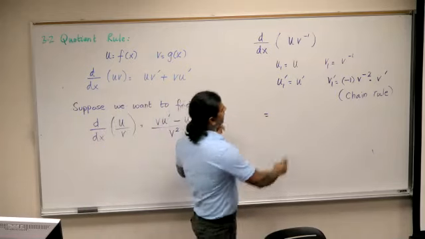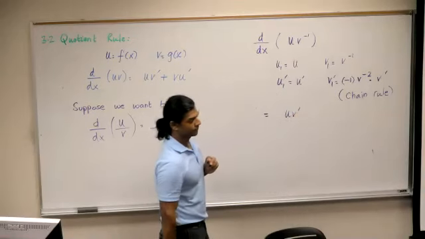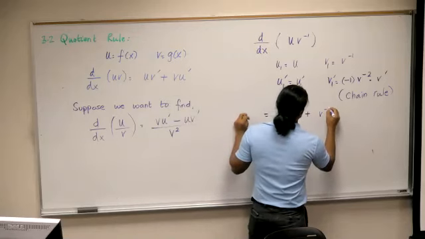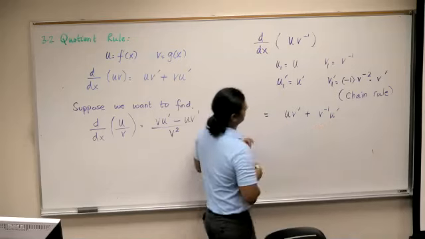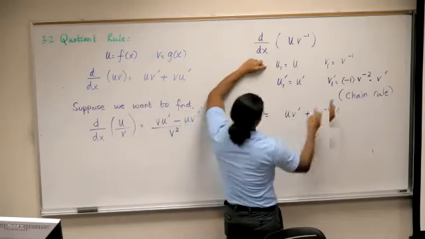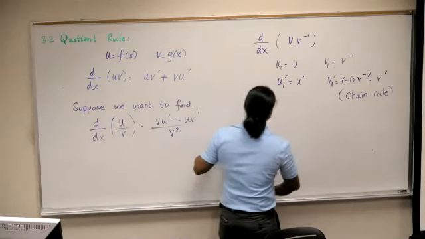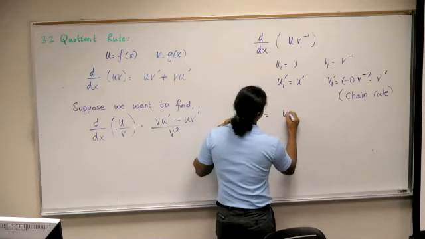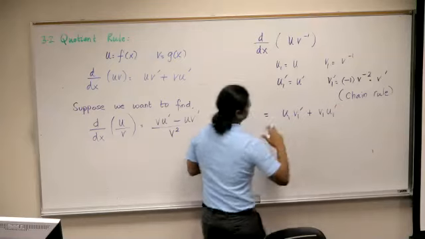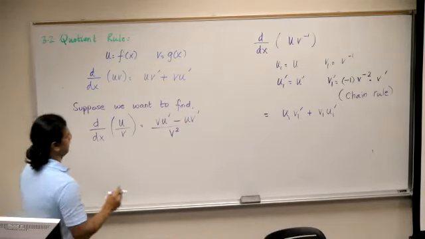So standard process, u v prime. So that is the rule in terms of u1 and v1.